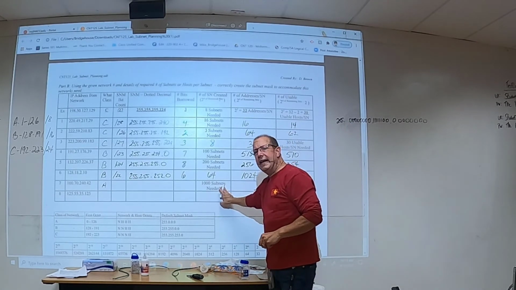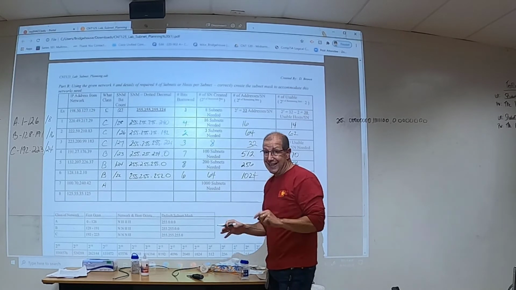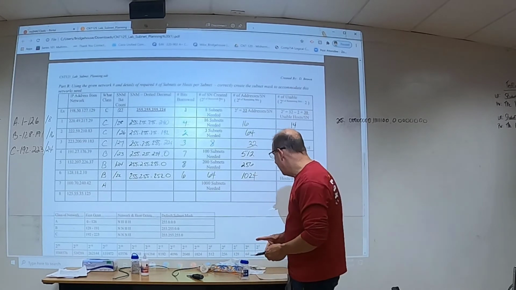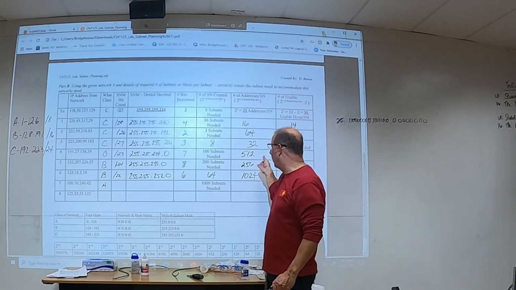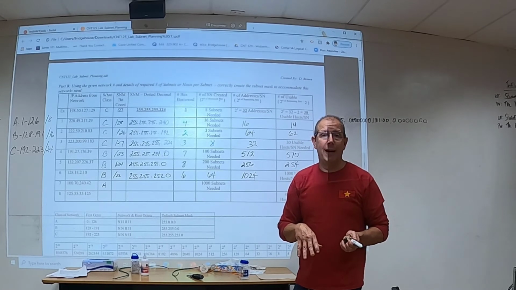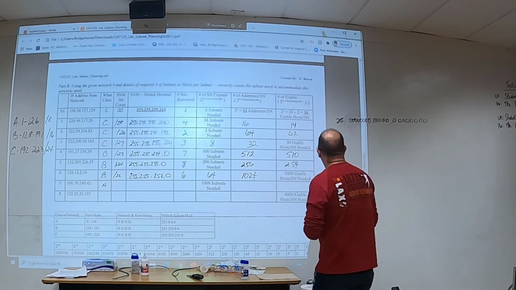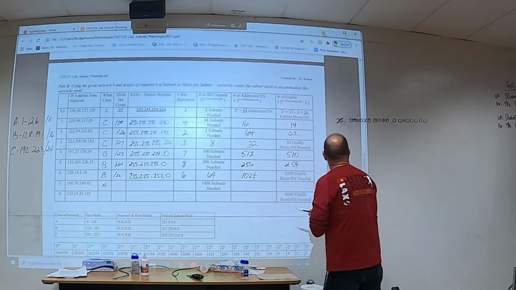We know that we need to have 1,000 total networks, at least 1,000 total networks, right? We know that's 2 to the 10th, so we just did one above it on the host. But instead of having 10 zeros remaining, we're going to need to borrow 10 total bits. So let's do that. We're going to cross over here.